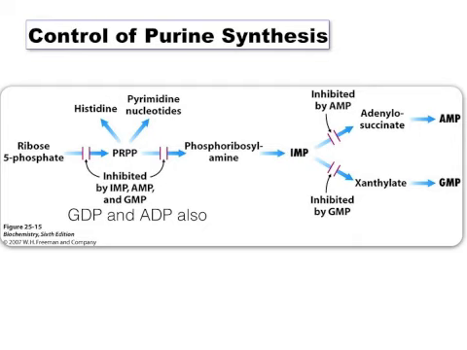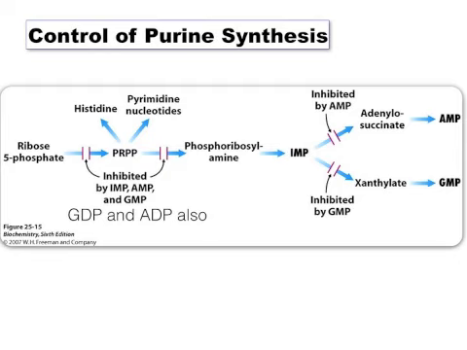Now, if we look at the branches going from IMP to AMP or to GMP, we'll notice that AMP feeds back to inhibit the synthesis of AMP, and GMP feeds back to inhibit its synthesis.